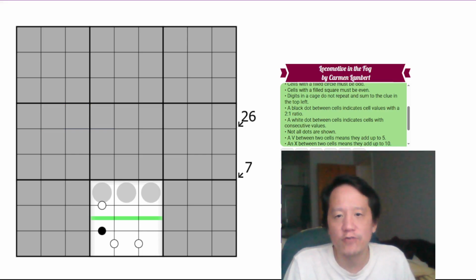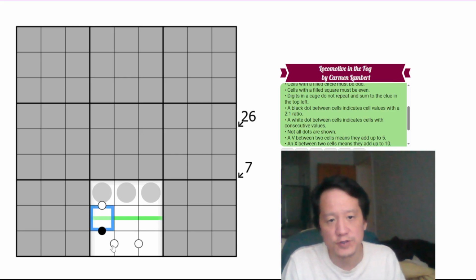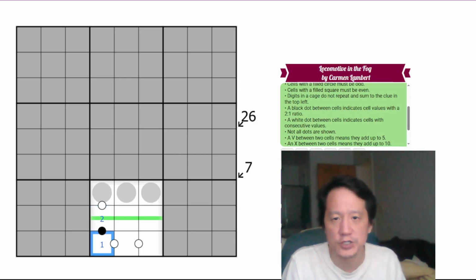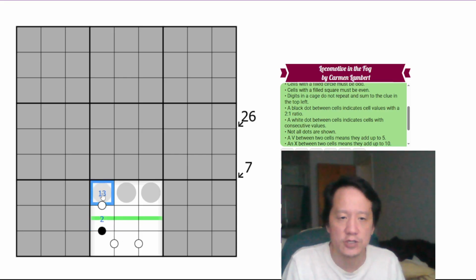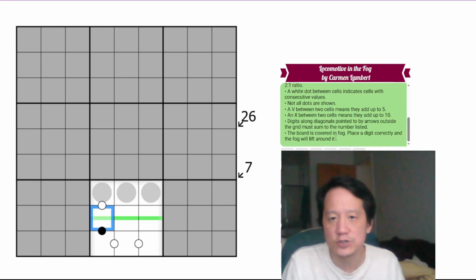We also have Kropki dots, where a black dot between cells indicates cell values with a 2-to-1 ratio. So for example, if this were 2, this would have to be a 1 or 4 to maintain the 1-to-2 ratio. A white dot between cells indicates cells with consecutive values. So if this were 2, this would have to be 1 or 3 to make sure that these digits are consecutive. Not all dots are shown.